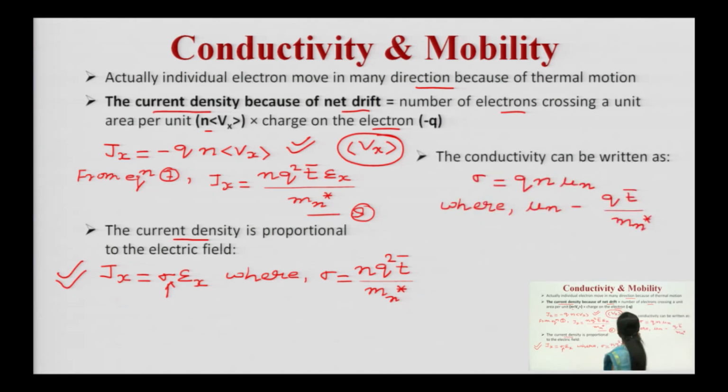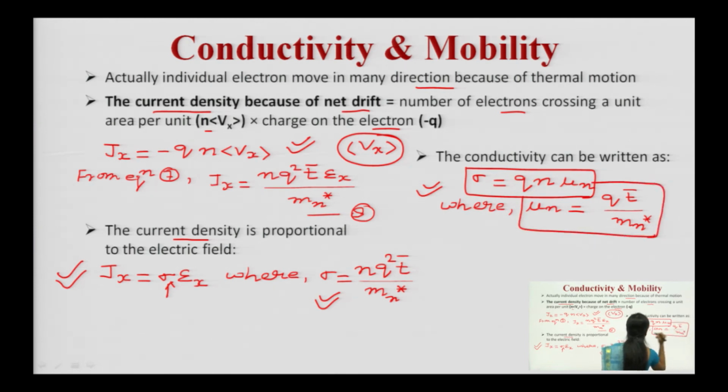Now, conductivity can be written as: the formula for the conductivity is q n μn. Now, you can compare this equation with this equation of conductivity, q n μn, and you will be able to write down the term for μn, which is nothing but q τ bar upon Mn.